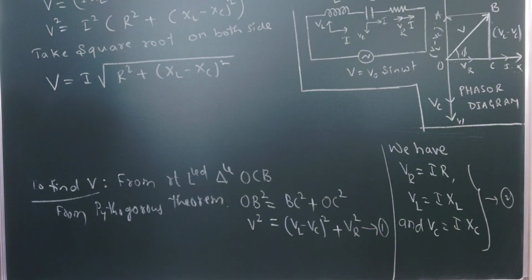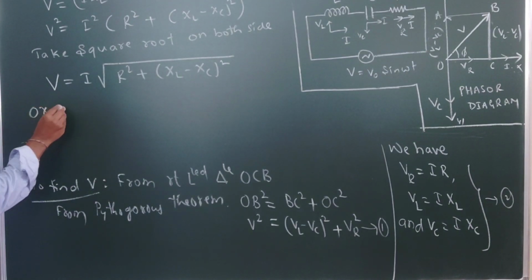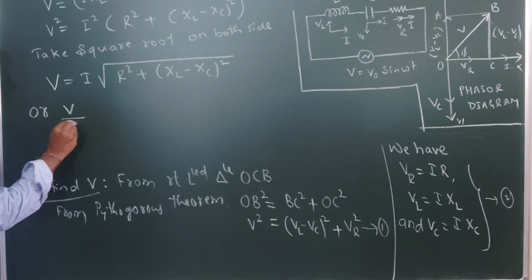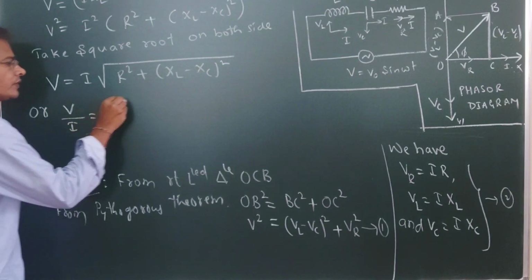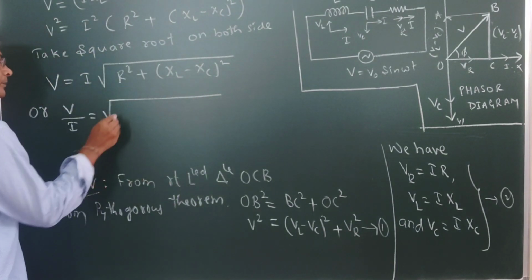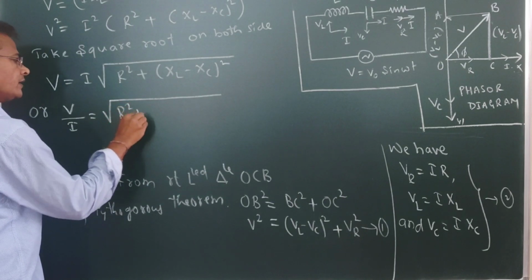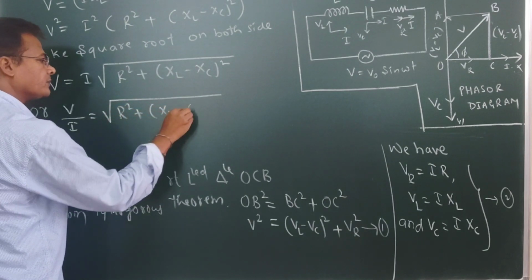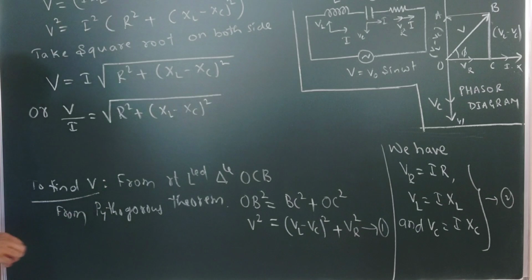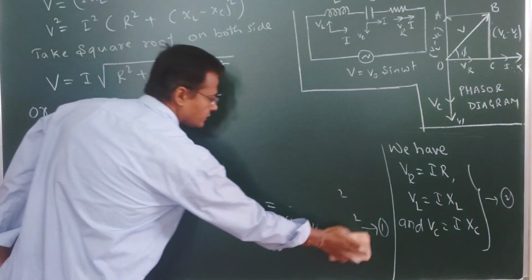Or we can write this one step ahead: V by I equals the square root of R square plus XL minus XC whole square.